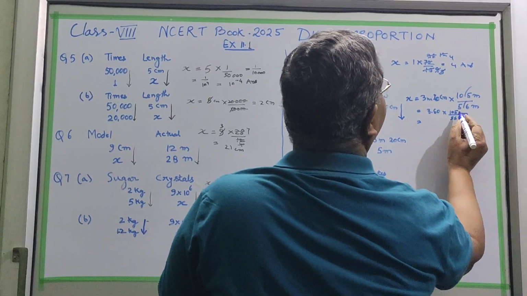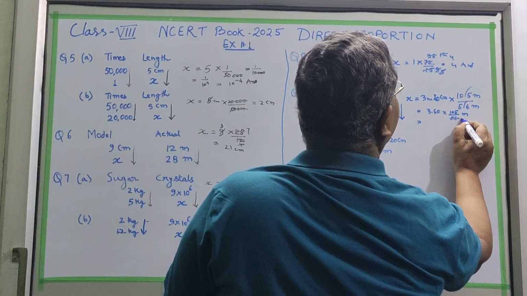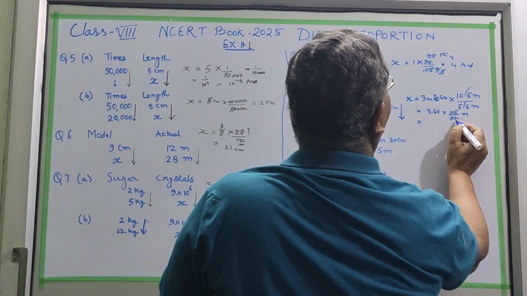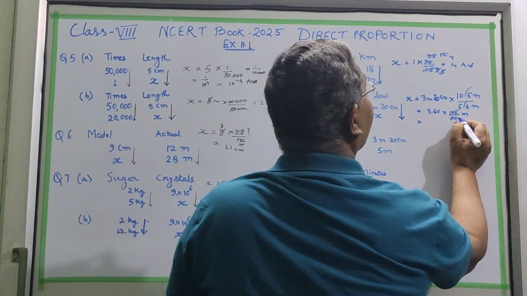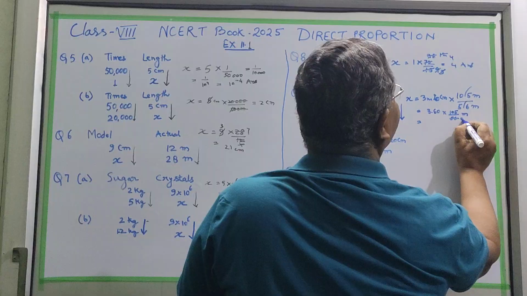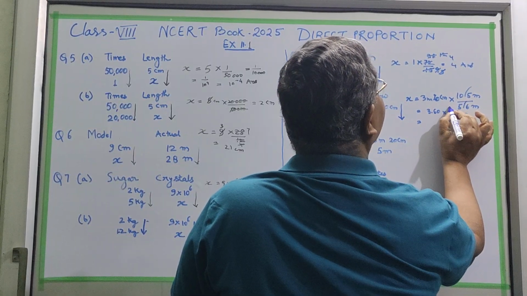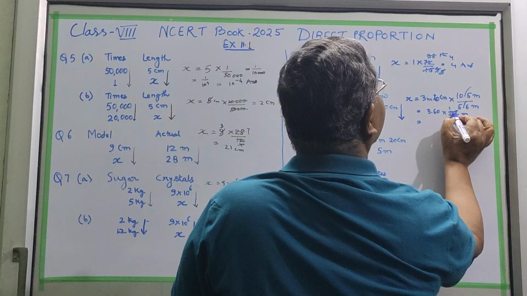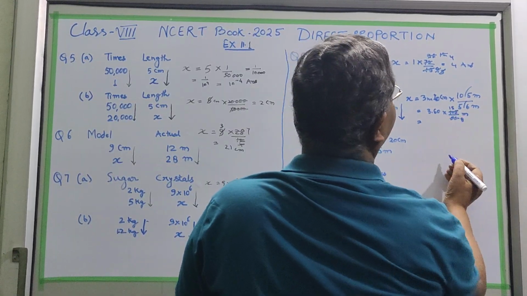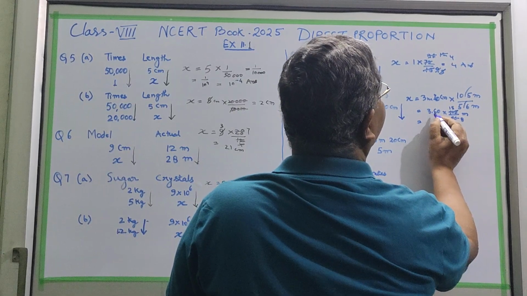If we solve it, 7 by 7 we will cut, 56. 7 8s are 56. 7 by 7 we will cut, 7 1s are 7, 7 5s are 35. It will come like this. Now we will solve this one.